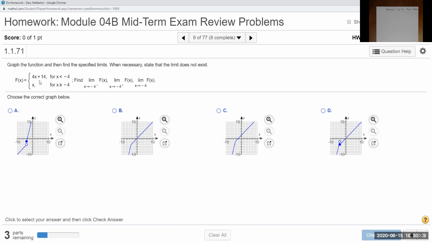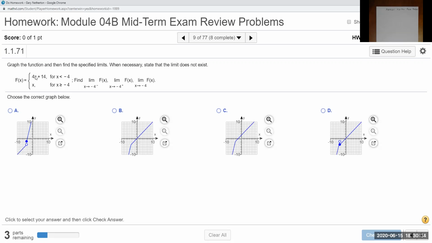If you really think about this, it's going to be a line with a positive slope. It's going to be linear, with a positive slope. But then, what we call the transition is that the function changes when x is -4.